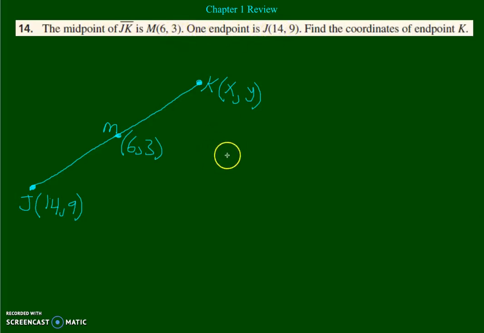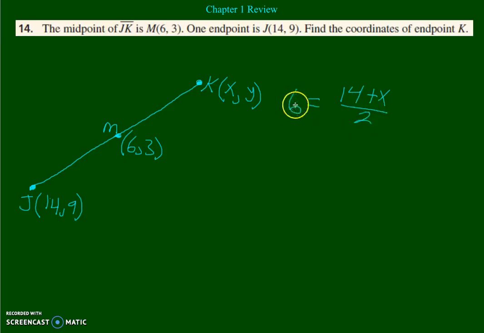Now again, this is still a midpoint type problem, but we're given an endpoint and we're given the midpoint. So we know that the midpoint, 6, is the average of the endpoints. So the average here of 14 plus X divided by 2.